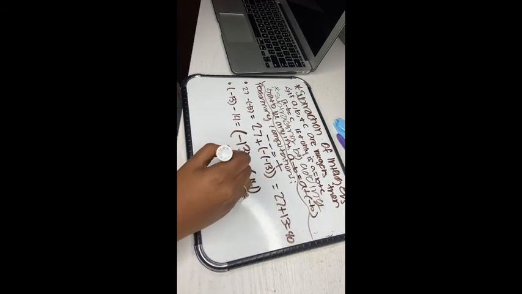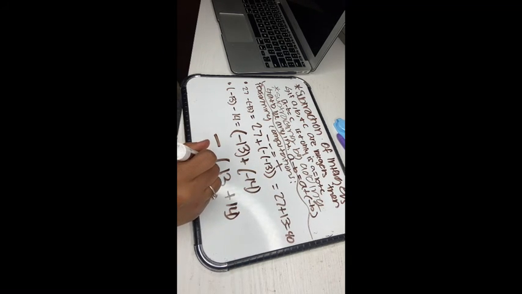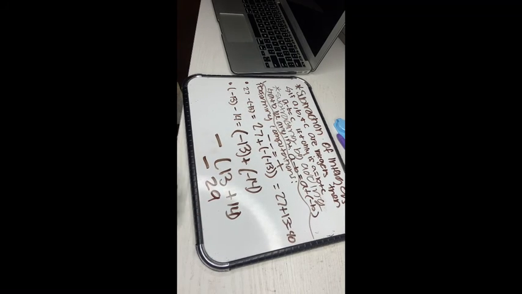So you can add those together and put the negative on the outside, and you'll get negative 27.